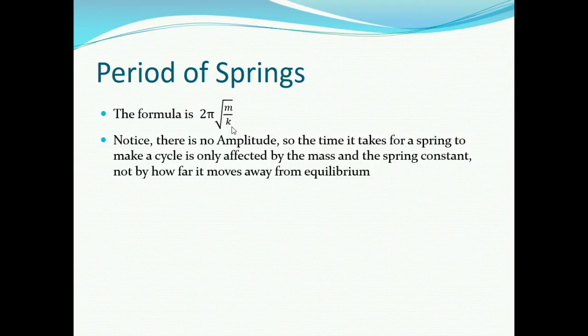And if you pull lighter, it doesn't accelerate as much. So that's why if you pull 1 meter or 5 meters, it will take the same time for both of them to make one complete cycle because of how the spring works.